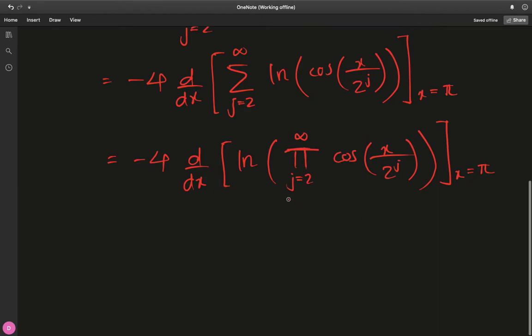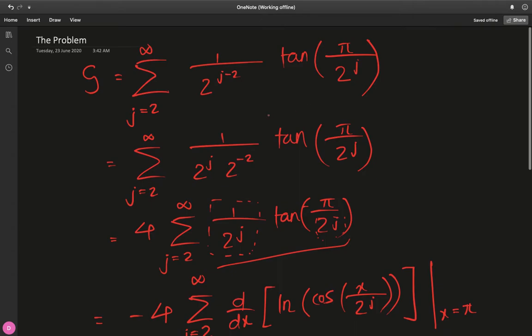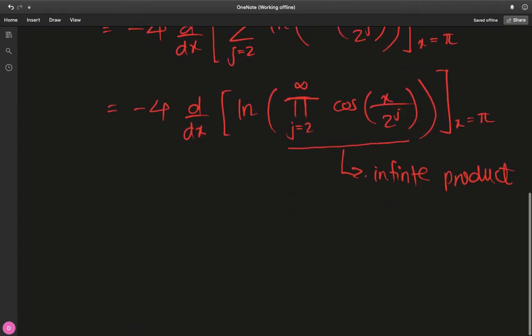So now look inside the log, look inside the argument over here. This is an infinite product problem, right? A separate one, almost seems unconnected to what we had in the start, the infinite sum. So I'm going to treat it specially. I'm going to use a fresh page. See you then.